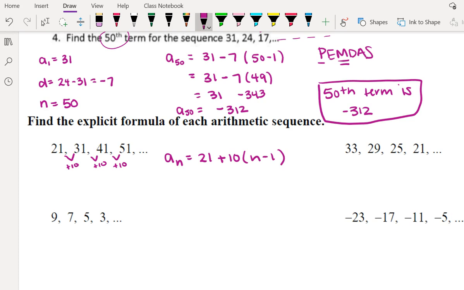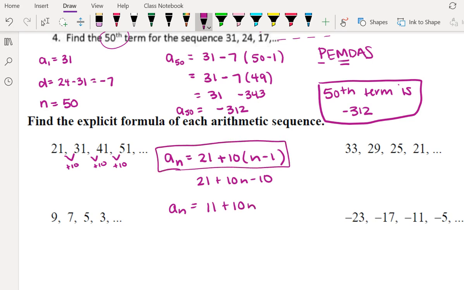If you'd like to leave them that way, you can, or you can simplify. And this would become a sub n is equal to 11 plus 10n. So either of these are okay. These are equal. Okay, and I think in IXL, both answers are acceptable.